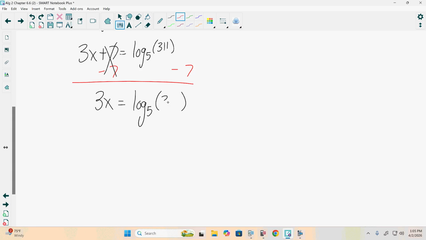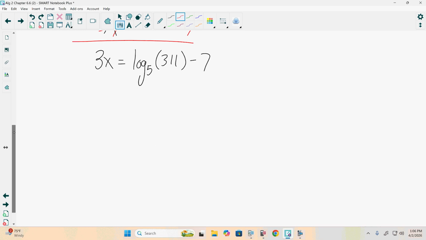No. It's still 311 minus 7. Because again, as I said earlier, log base 5 of 311 has a value, and we're not taking 7 away from the 311. We're taking 7 away from the value of log base 5 of 311. So whatever power 5 is raised to to get to 311, that's what we're taking 7 away from, not the 311.